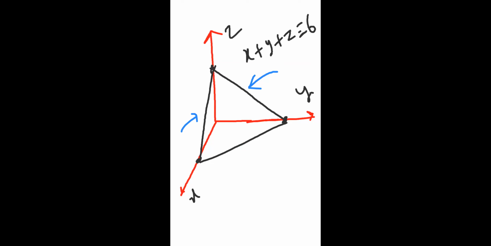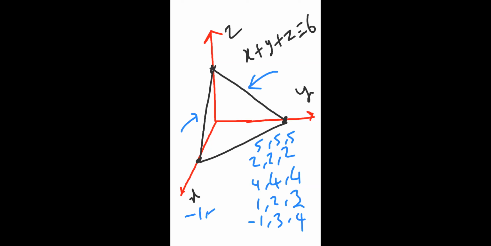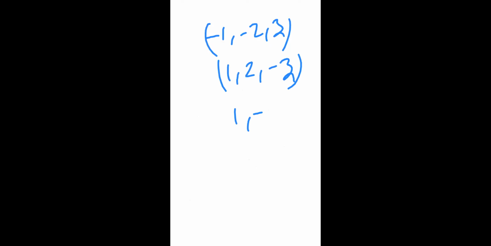Or you can take completely negative values, minus 1, minus 1, minus 2. You can take any value, as I'm giving in another slide, like minus 1 comma minus 2 comma 3, whether it is inside the surface or outside, or 1 comma 2 comma minus 3, or 1 comma minus 2 comma minus 3.